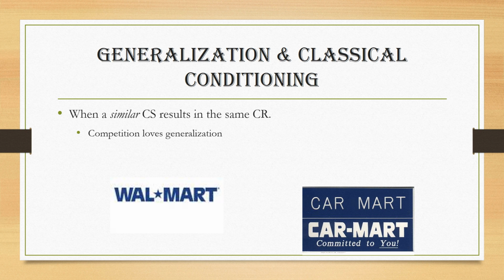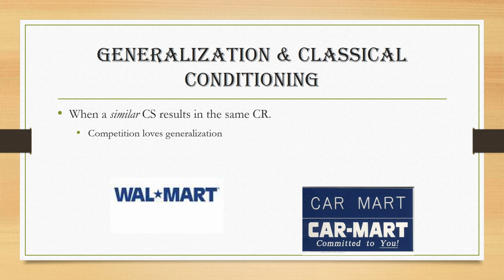Competition loves generalization. When the little guy can't compete with the big business, they sometimes try to do things to get people to make the association. One of these is a company called Walmart. We all know who Walmart is and how they tend to design their signs.